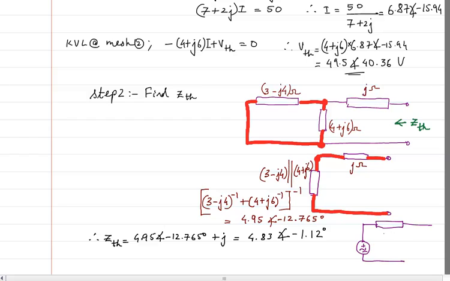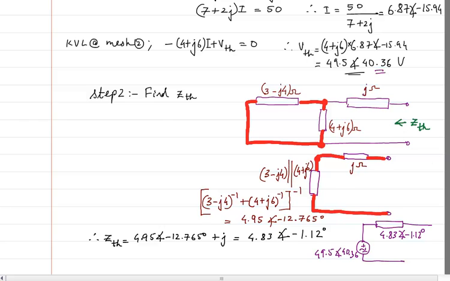The impedance we have already found out, it is 4.83 with an angle of minus 1.12 degrees, and the voltage VTH we have already found out is 49.5 with an angle of 40.36 degrees. That's what we found out here, correct?